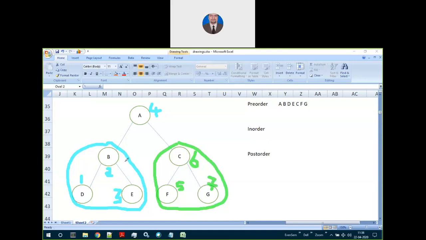So the technique involved in this particular traversal is in-order.